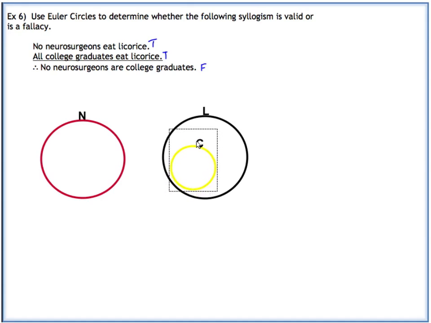Well, can the college students go outside of the licorice circle? Well, it says no, because all college graduates eat licorice. So we can't move college students anywhere else that would make this false. Therefore, since we can't do that, this is going to be a valid argument. And this would be the drawing to show that.